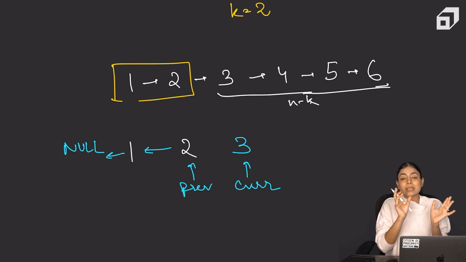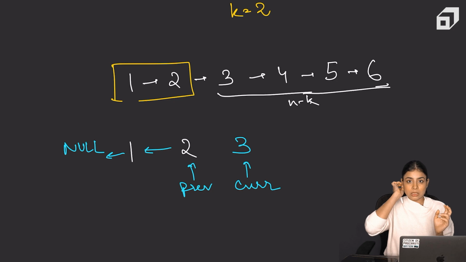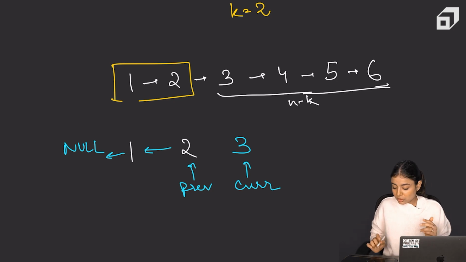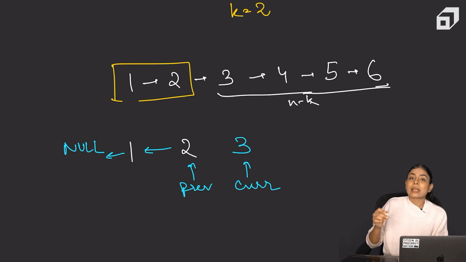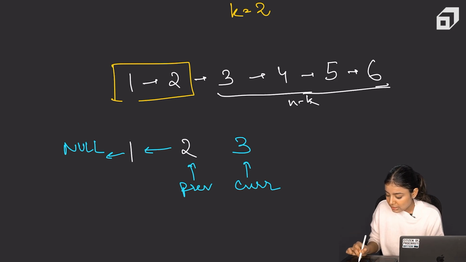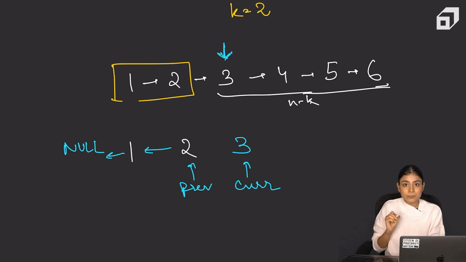Now what I need to do is call the function recursively for the rest of the n minus k nodes. Now how do I call the function recursively for n minus k nodes? For reversing that, I'll have to pass the head of those n minus k nodes. Now here, if these are the n minus k nodes, this list is starting at 3, right?